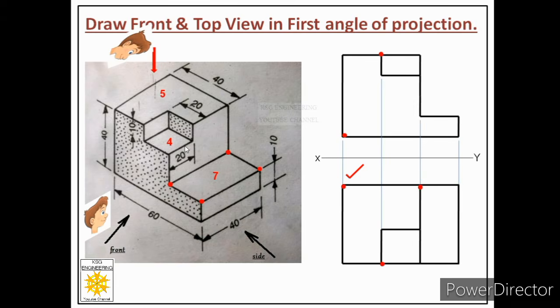So I hope all the fundamentals of drawing front view and top view of an object are clear to you. But over here, let us make one more important observation. If you see this face, that is face number 7, if I project this face in our direction, follow these projections.